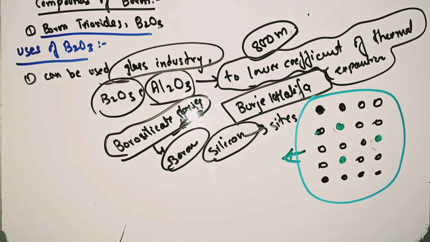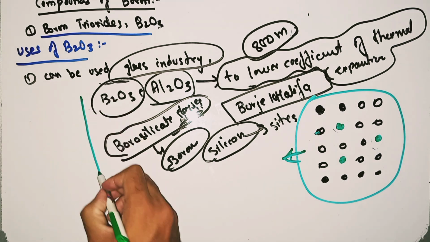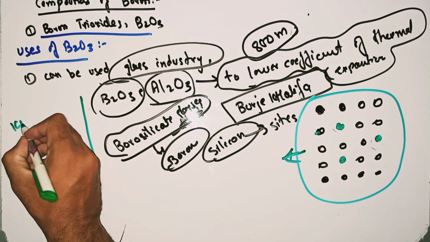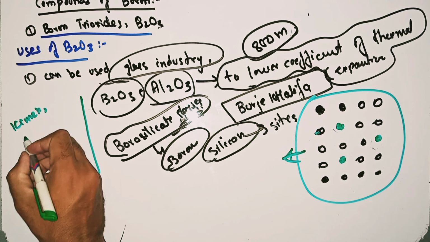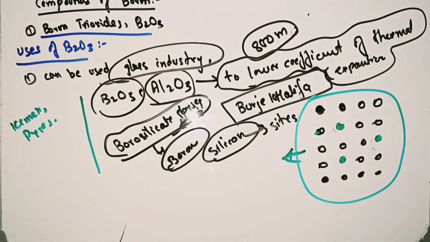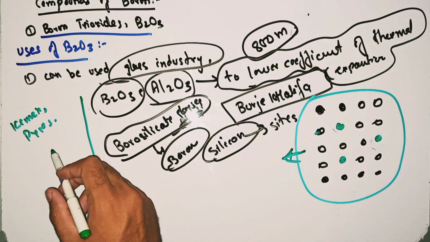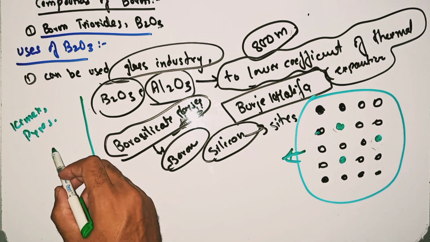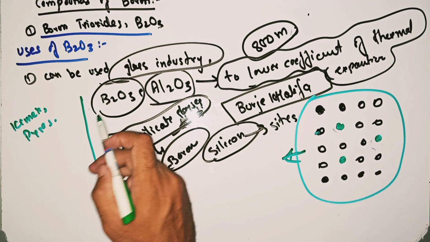There are also other types of glasses called Chemex or Pyrex. These are two kinds of glasses that show resistance to heat or chemicals.